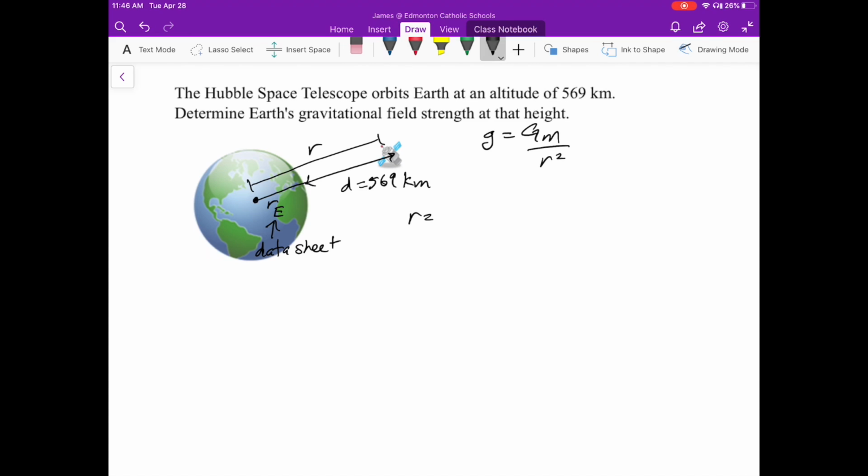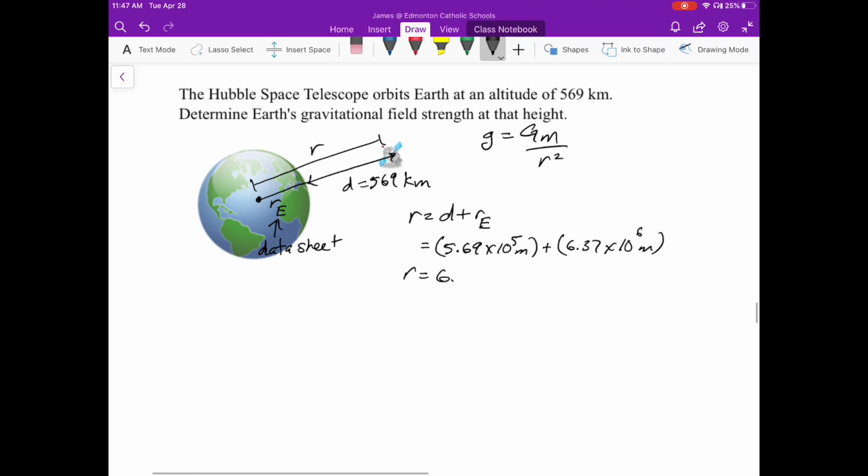So the whole entire distance, r, is the distance from the surface to the satellite plus the radius of the Earth. So 569 kilometers would be, in terms of meters, 5.69 times 10 to the 5 meters. Add the radius of the Earth from your data sheet, 6.37 times 10 to the 6 meters. And that whole entire distance is 6.939 times 10 to the 6 meters.